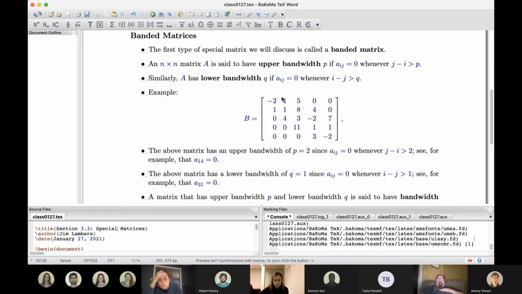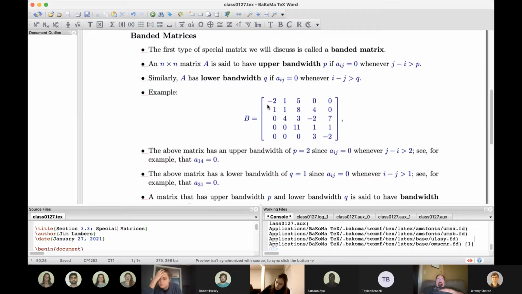This matrix also has an upper bandwidth of 2. So here's the formal definition for upper bandwidth: if the matrix entry is 0 whenever a column index minus a row index is greater than that bandwidth, then that's the upper bandwidth. So here we have two non-zero superdiagonals, so the upper bandwidth is 2. Okay. All right.